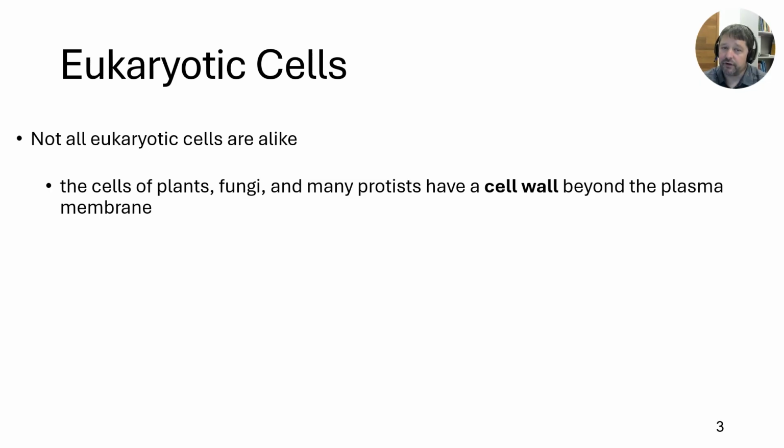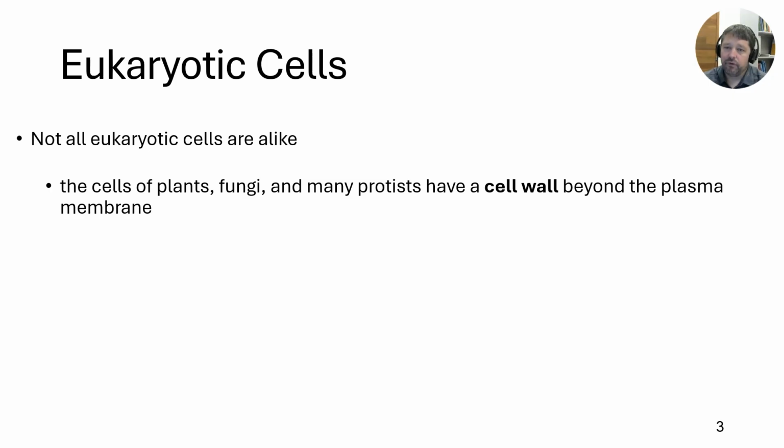Now, the plants, fungi, and protista have a cell wall that's different from the bacteria's, and they're different from each other. For example, plant cell walls are made out of cellulose, which is a carbohydrate. Fungi cell walls are made out of chitin, which is also a carbohydrate, but they're not the same. And protista can have either.